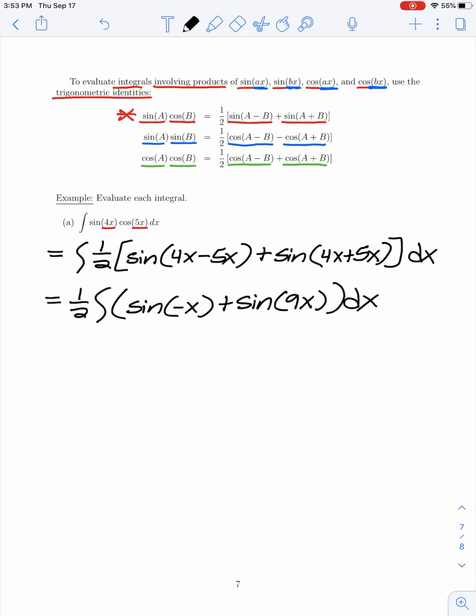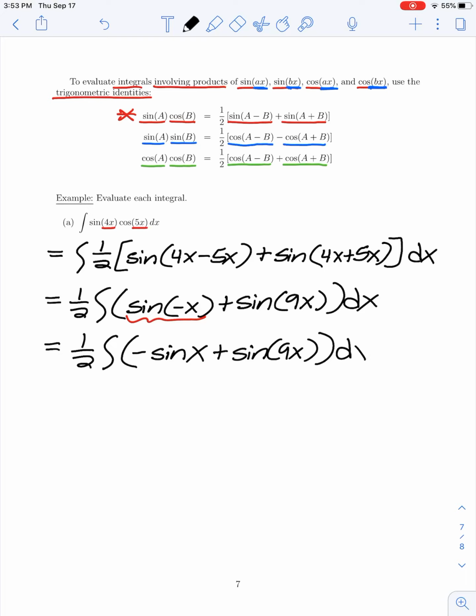Now I can integrate each of these terms directly, or to make the notation a little simpler, I might use the fact that sine of x is an odd function. In other words, sine of negative x is the same as negative sine of x. And then I still have my plus sine of 9x term. Evaluating this antiderivative, I have 1/2 of the antiderivative of negative sine x, which is cosine x.